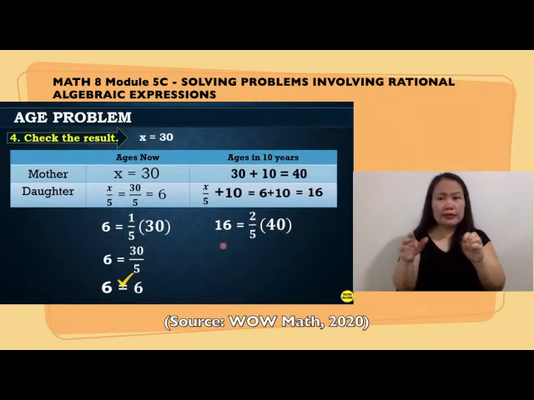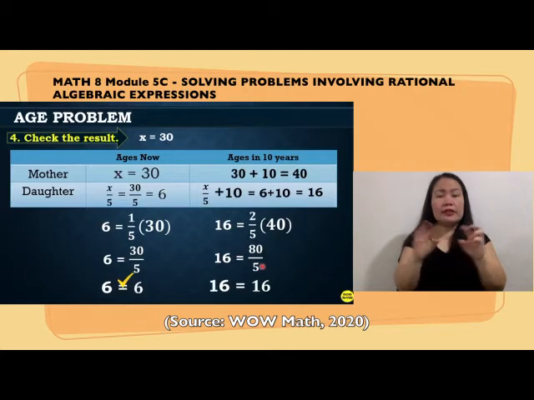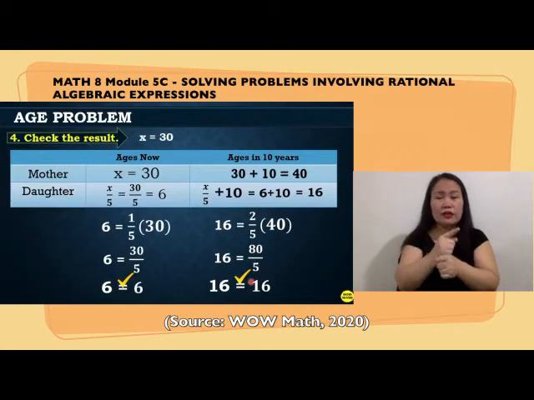So, 40 times 2, that is 80, divided by 5. 80 divided by 5 is 16. So, they are equal. So, meaning, the solution is correct. So, the age of the mother is 30. In 10 years, the age of the mother is 40.